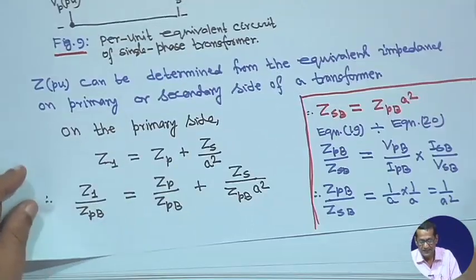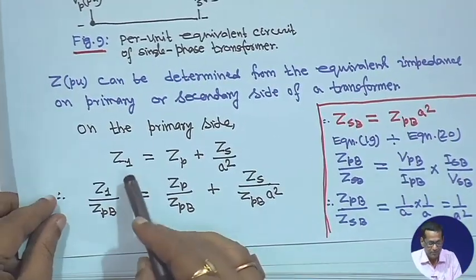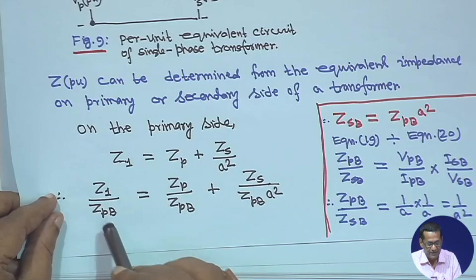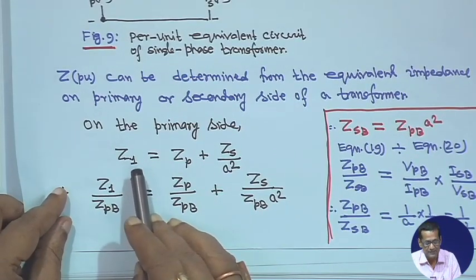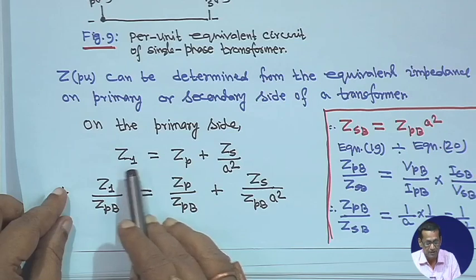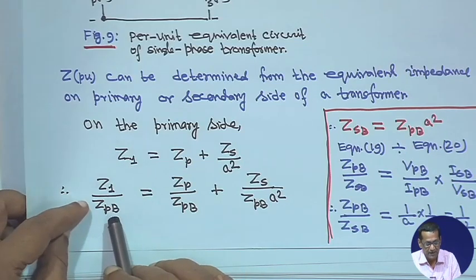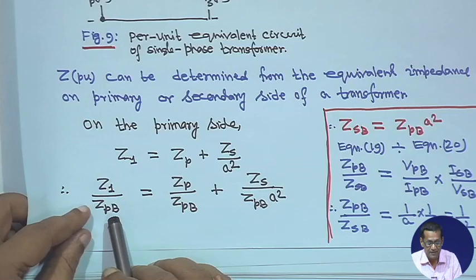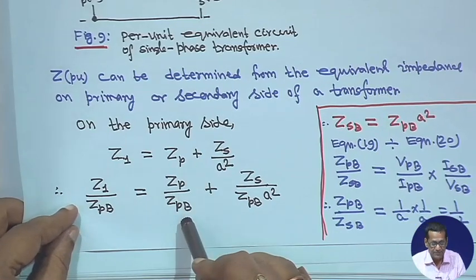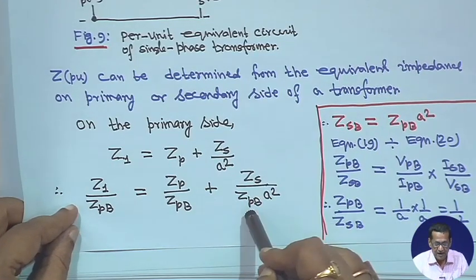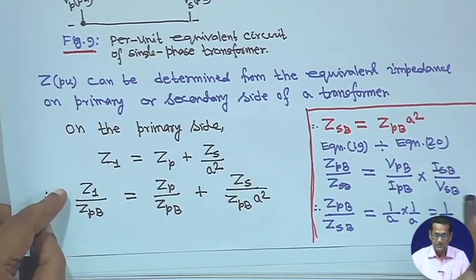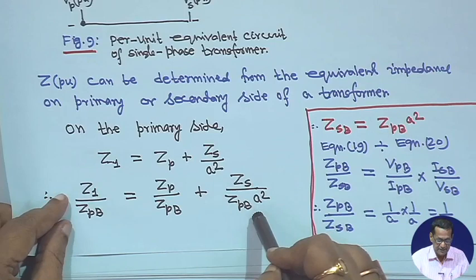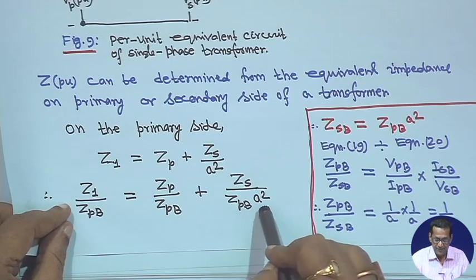Z1 is the primary side impedance you want to find out. So, Z1 divided by the primary side base impedance ZPB is equal to ZP upon ZPB plus ZS upon ZPB into a square, right.